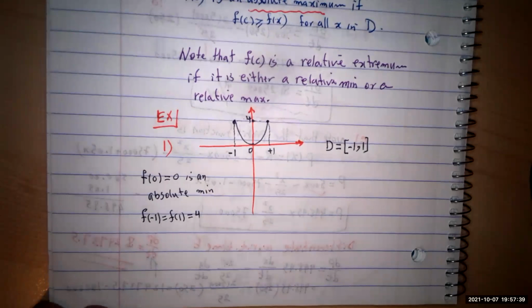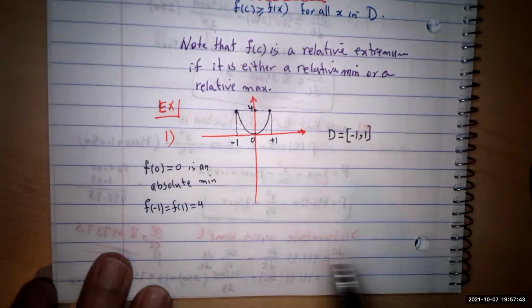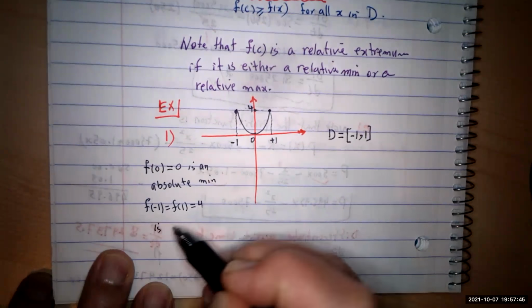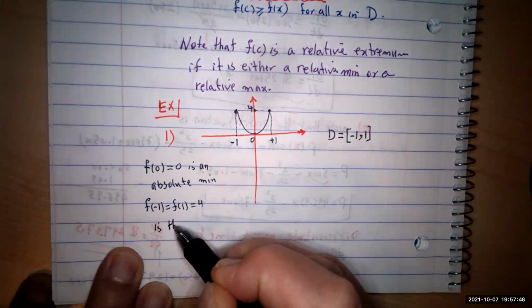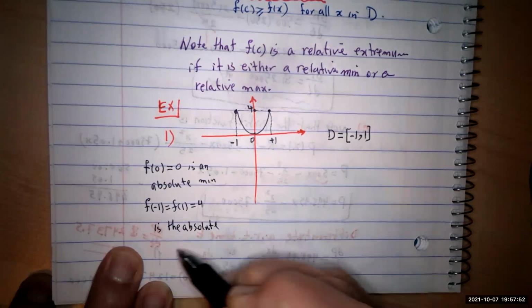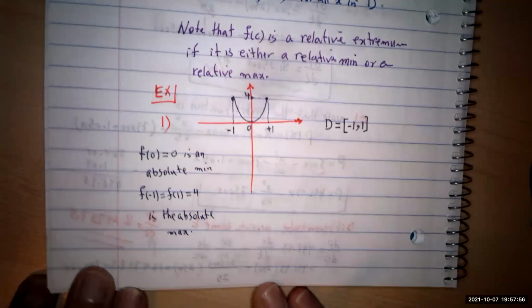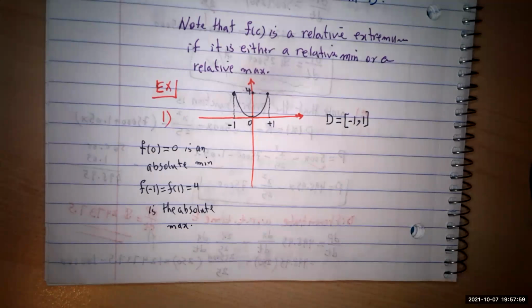Again, 4 is the maximum value of your function, the absolute maximum of your function.